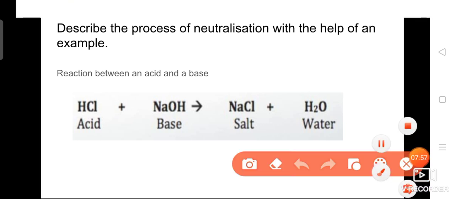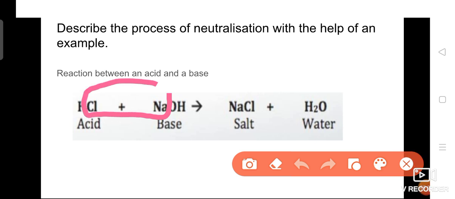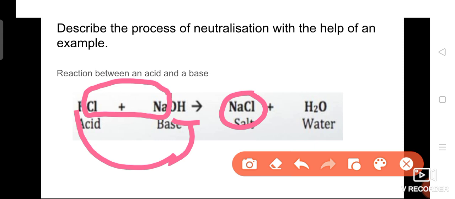Okay, see. When HCl and NaOH react with each other, Cl from the acid and Na, meaning sodium, from the base join together to form NaCl, and the remaining H and OH join to form H2O.